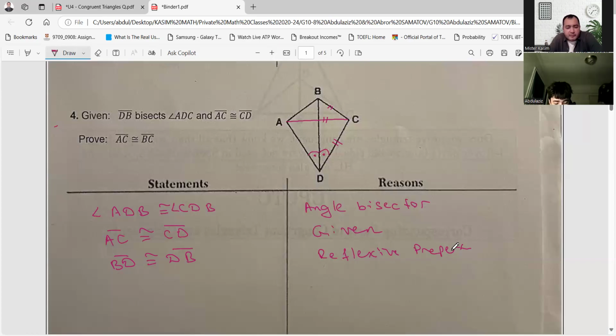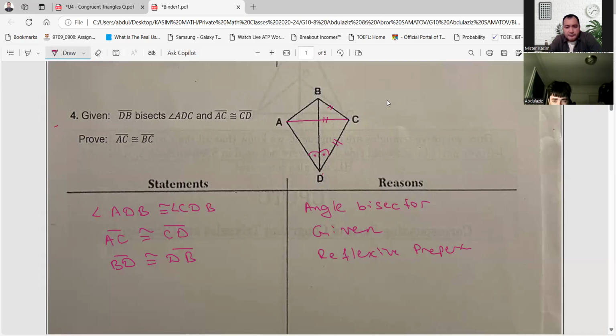What do you think, Abdulaziz? I can see something here. BC should be congruent to AC. So from here, these two angles are congruent. It says that AC is CD, so where am I going to use this? If it were AD congruent to CD, I could show that AB is congruent to BC. But here, ADB, CDB.